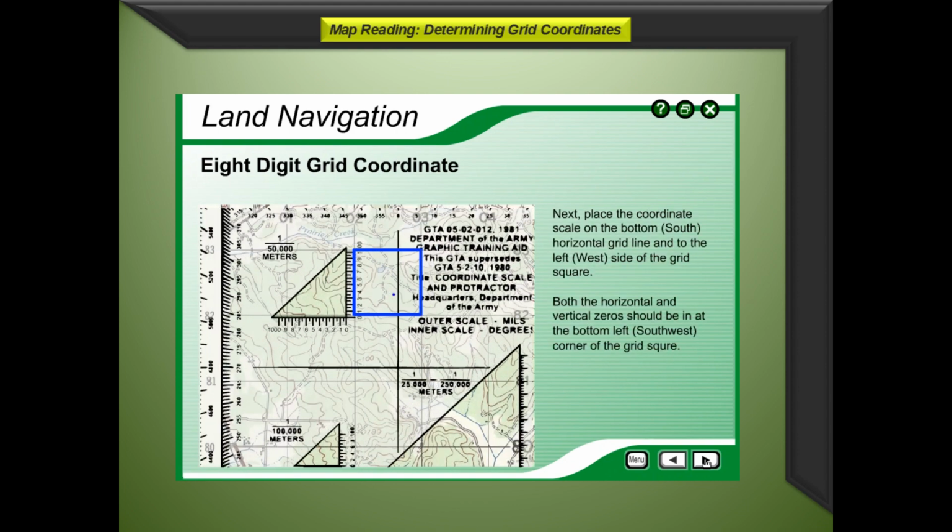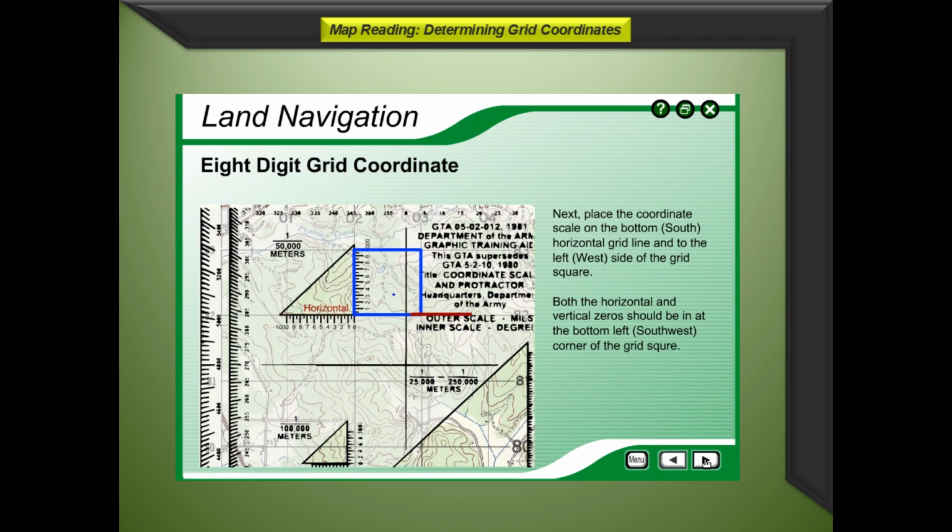Now when we use our protractor, we will start on the left hand side of the grid square and we will be slowly moving it on over. The thing about the protractors is that it has three different triangles. You have a 1 over 50,000th triangle, a 1 over 100,000th triangle, and a 1 over 250,000th triangle.